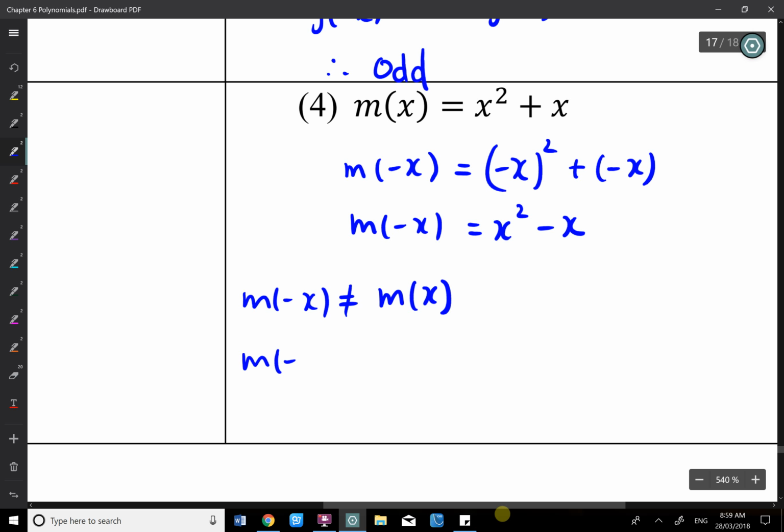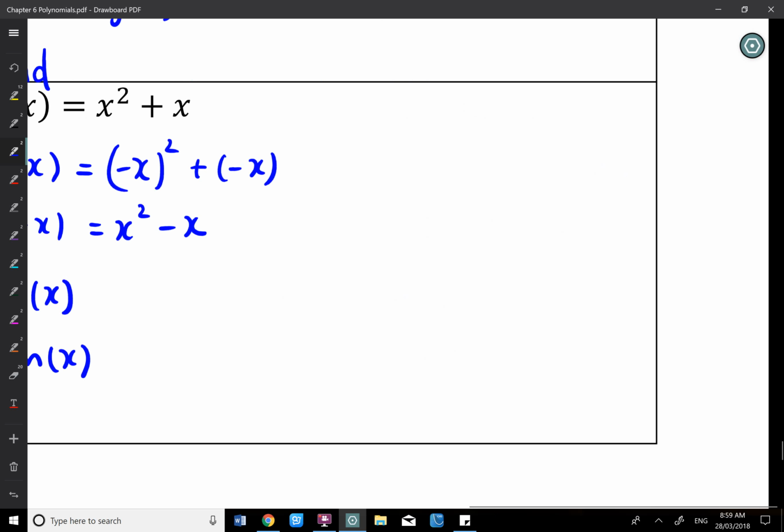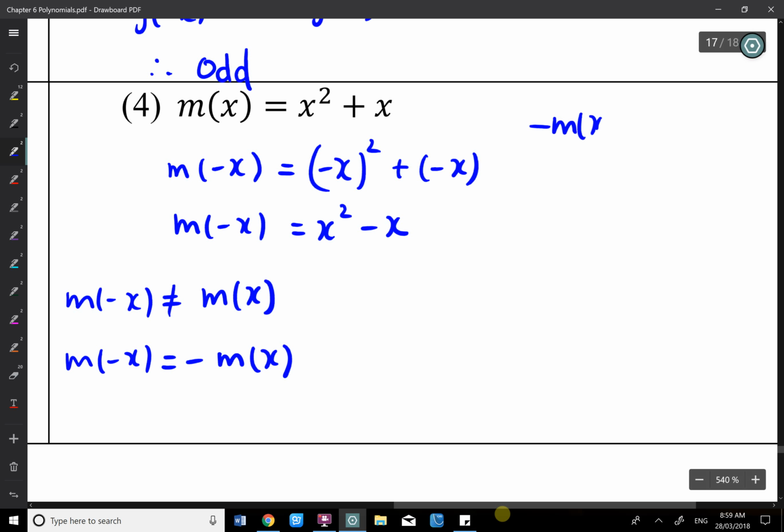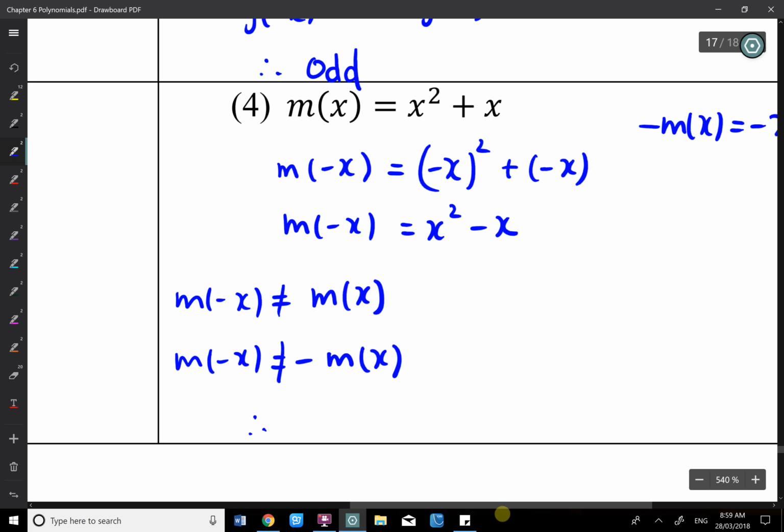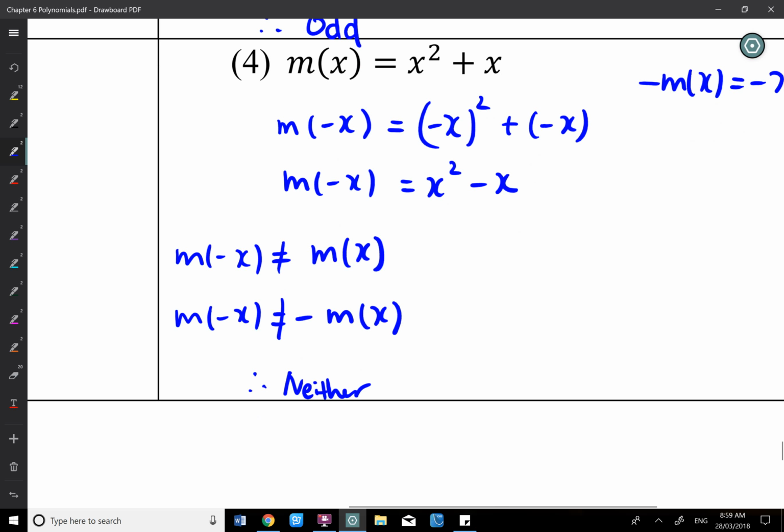And it's also not equal to negative m(x), because negative m(x) equals negative x squared minus x, but we have positive x squared minus x. So it's neither. It's not an even function or an odd function. So it's not symmetrical about the y-axis, and it's not symmetrical about the origin.